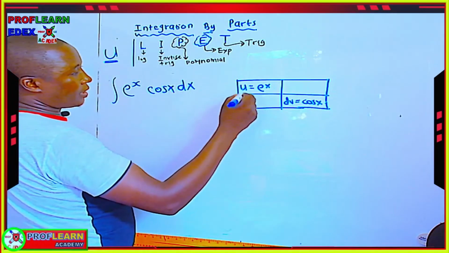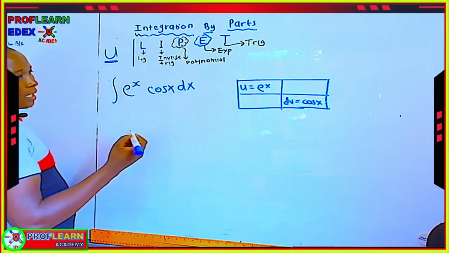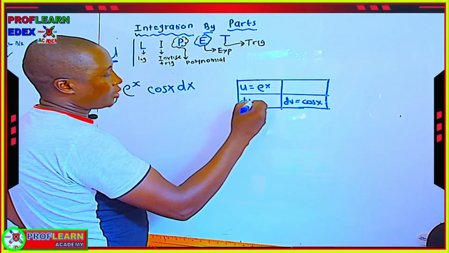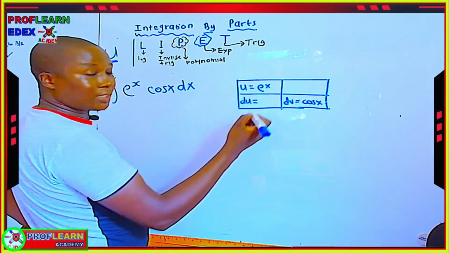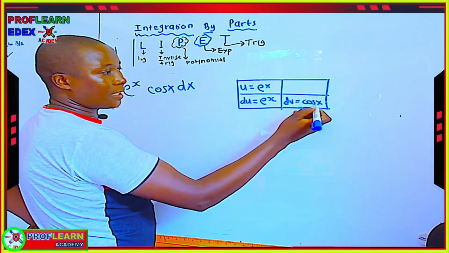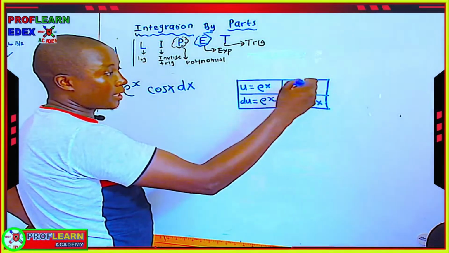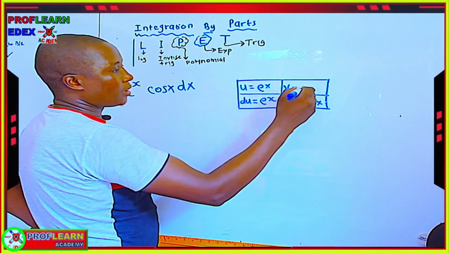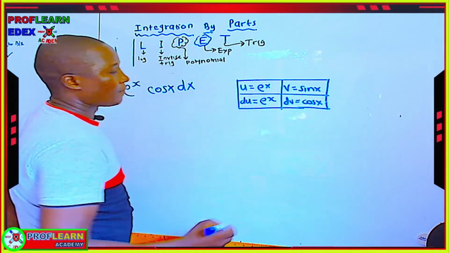Now, once we have u and dv, of course, we find du and v. Differentiating an exponent, you get the same thing, the exponent. Integrating cos x, v is going to be equal to sine x.